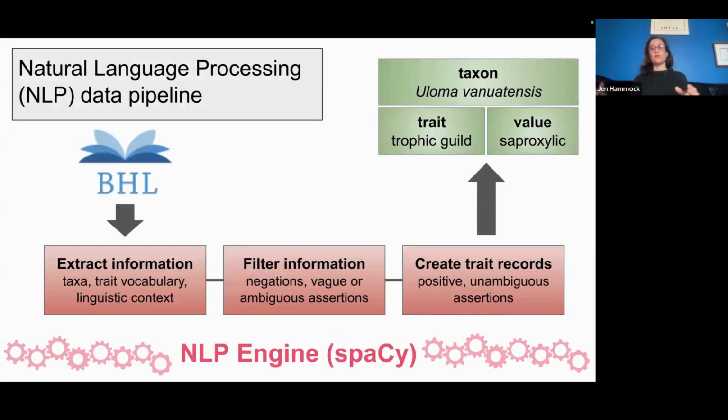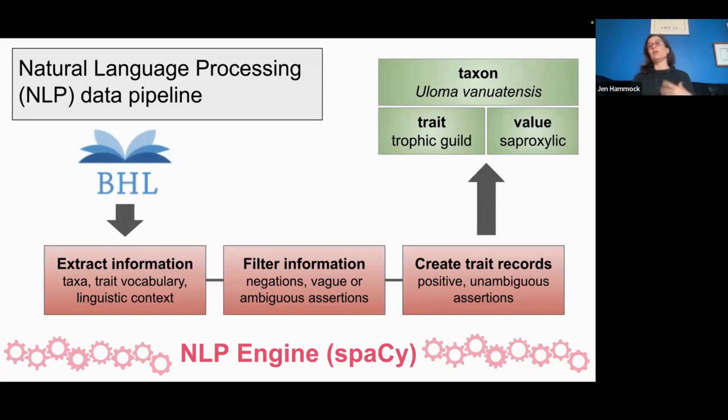So the pipeline goes something like this. You feed in the document, and it pulls out, based on semantic relationships between the relevant terms, the taxa and the data terms, candidate facts. And then you filter out a lot of things: negative assertions, vague or uncertain assertions, anything where a homonym might be an issue.